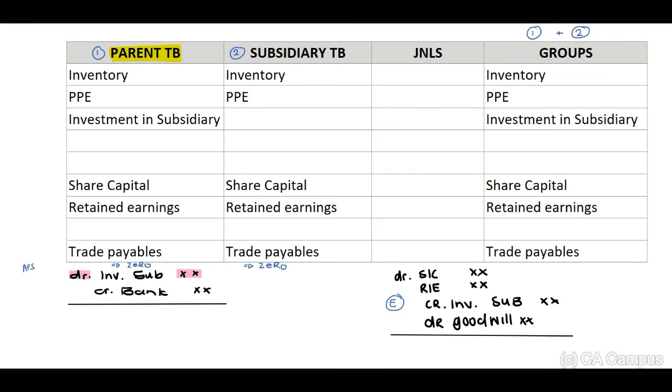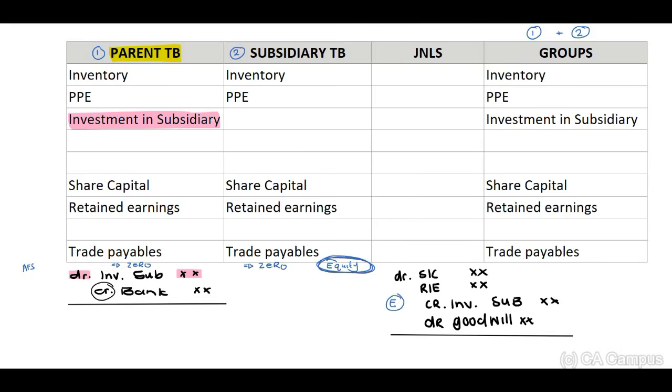Therefore, you will have a line item investment in subsidiary, and let's say credit bank. This is a cash purchase, right? Now, if we add assets and liabilities of our subsidiary, we will add our equity of our subsidiary, and the equity will be included in our group records, right?